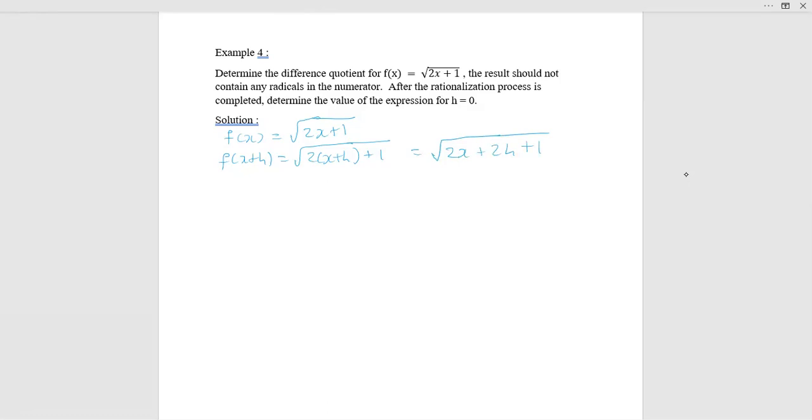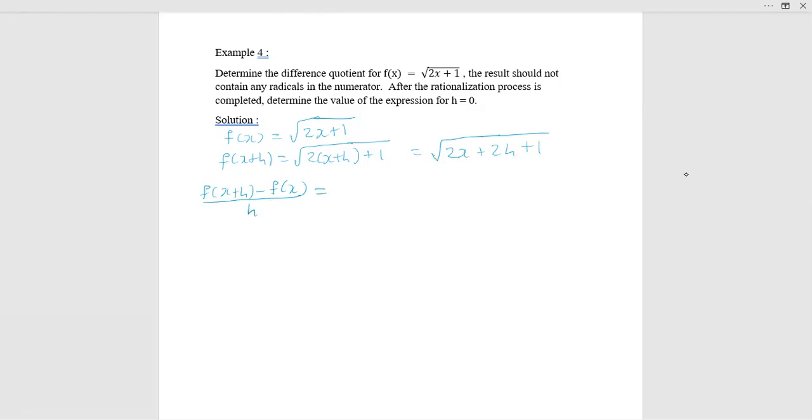Let's write the difference quotient, which is f(x plus h) minus f(x), divided by h.